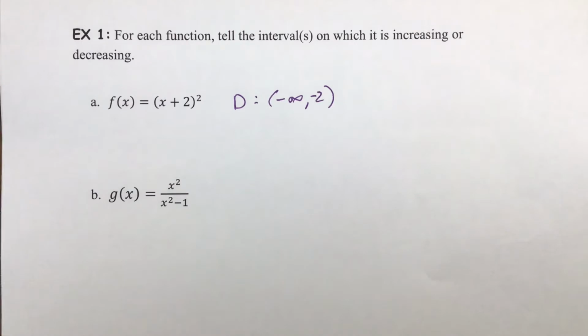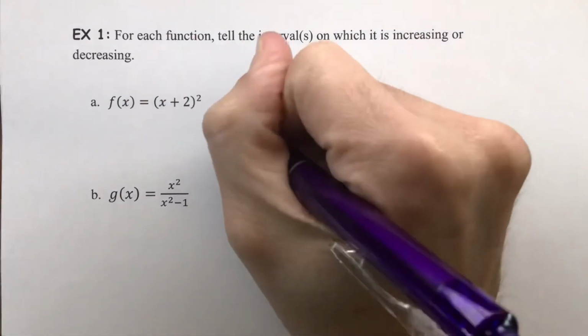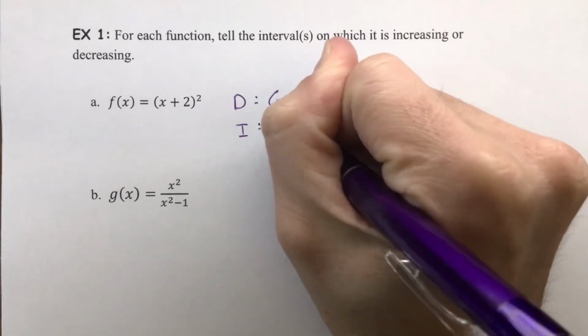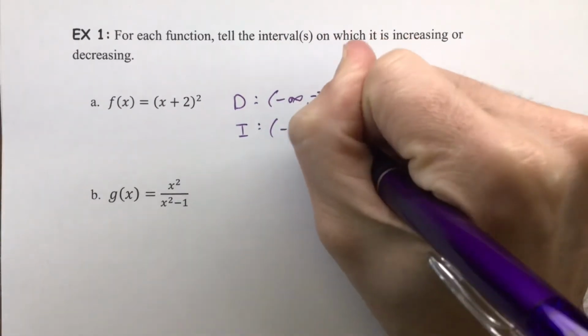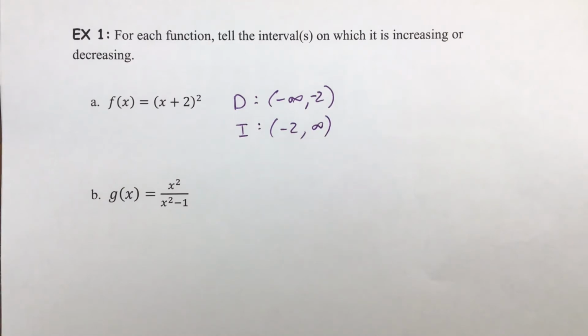And I am going to use parentheses around the -2 because at that point it isn't increasing or decreasing. It's actually a transition point between those two. It then increases from -2 to infinity.